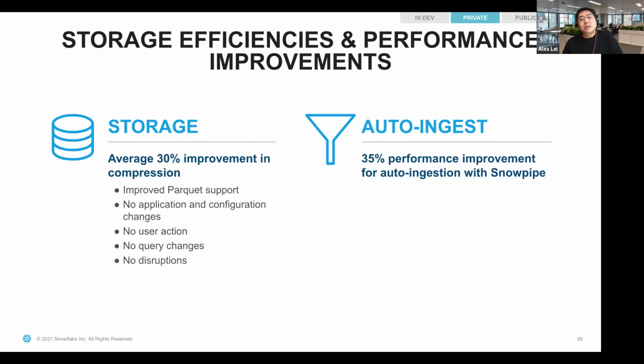We've also made improvements in ingestion. There's been a 35% improvement in performance on ingestion through Snowpipe as well. And all this happens behind the scenes, in line with the point Nitt made about not having to think about a lot of these administration tasks. These things just happen out of the box and there's no additional maintenance required.